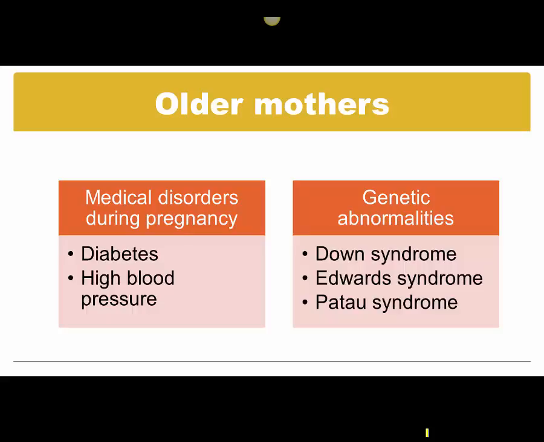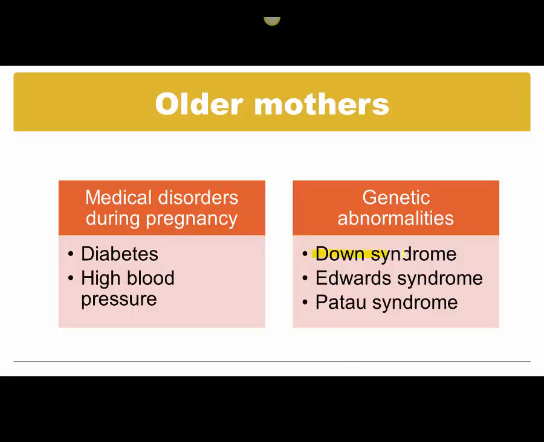Older mothers are more likely to develop medical disorders such as diabetes, high blood pressure, or other chronic diseases, which can affect the pregnancy and the birth, putting the child at risk of developmental delays. Older women have a higher chance of having a baby with a genetic abnormality such as Down syndrome, Edwards syndrome, or Patau syndrome.